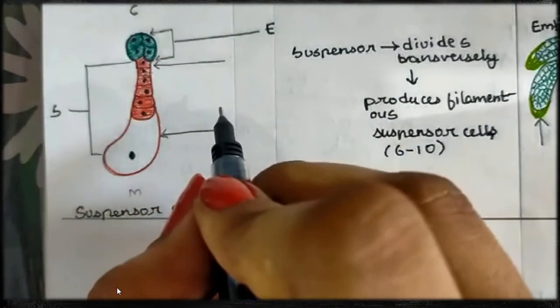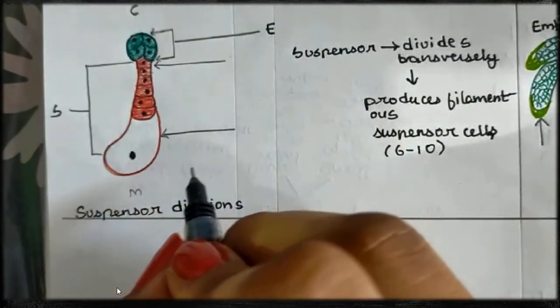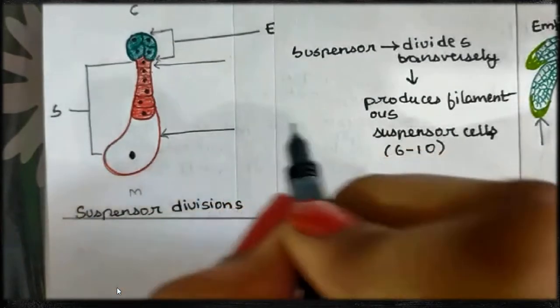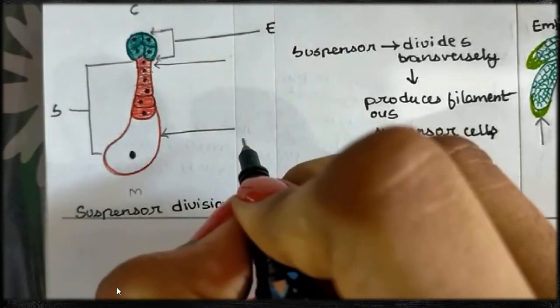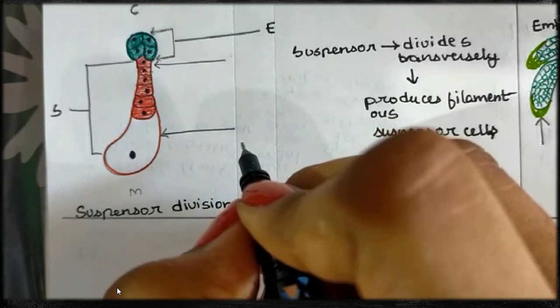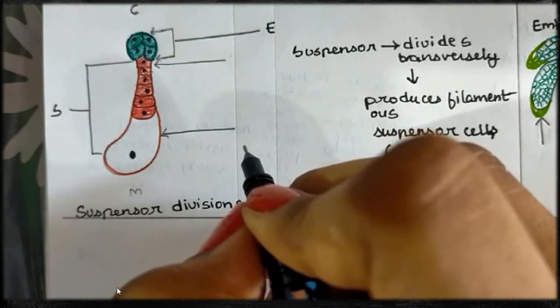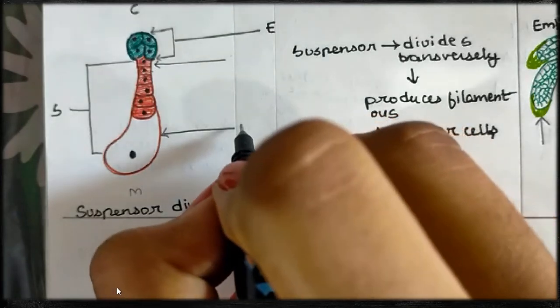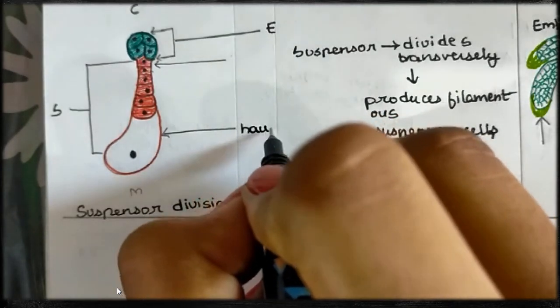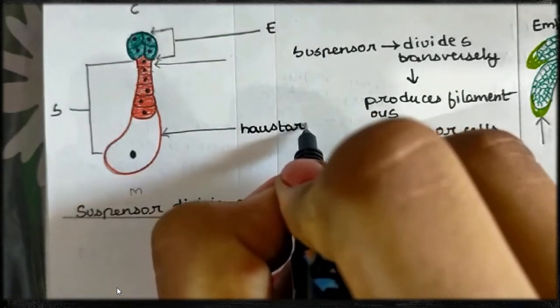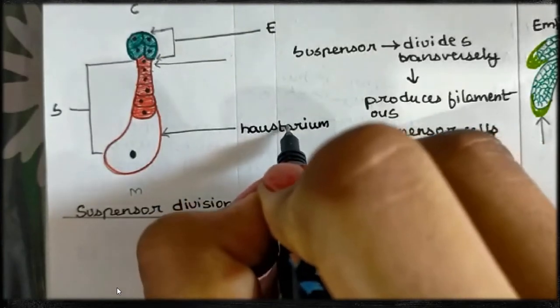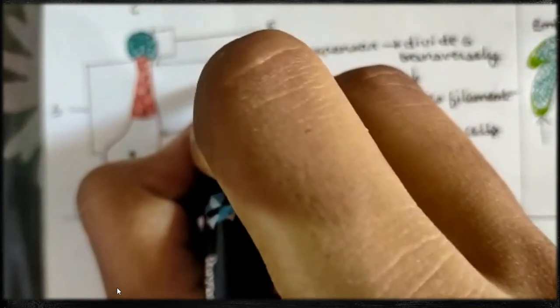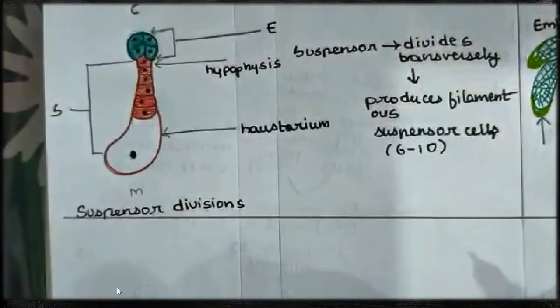Now the cell towards the micropylar end really grows in size and it is known as the haustorium. It is really huge and bulbous, and this is the cell which presses into the endosperm inside the ovule. Then the cell towards the callosal end or the terminal end is known as the hypophysis.